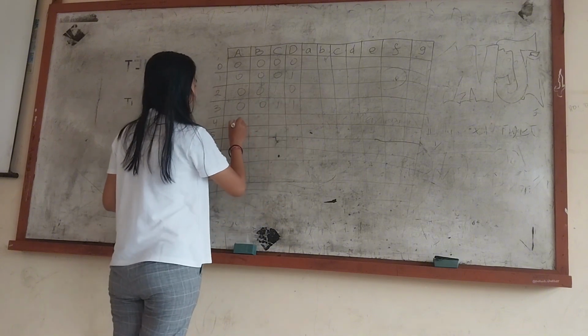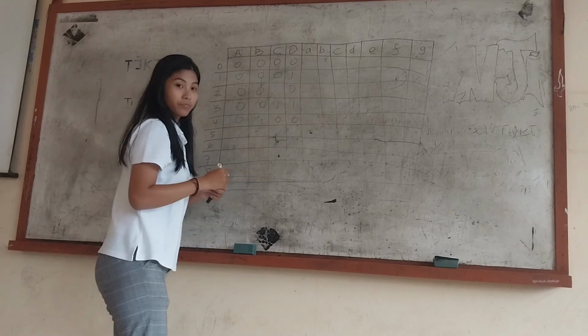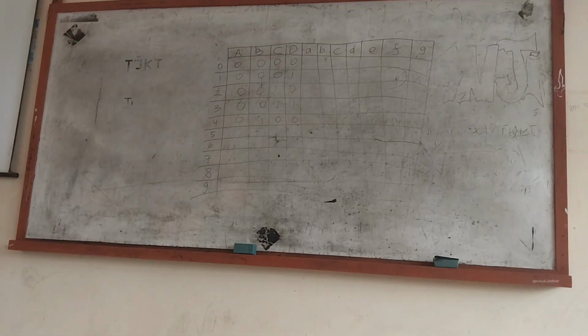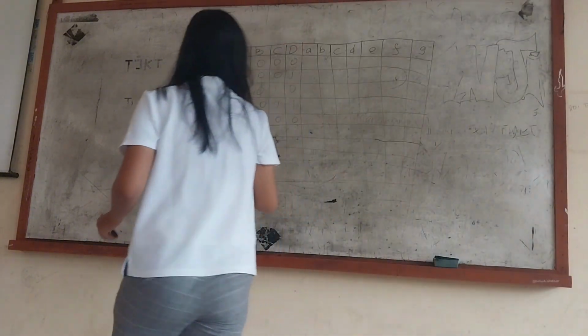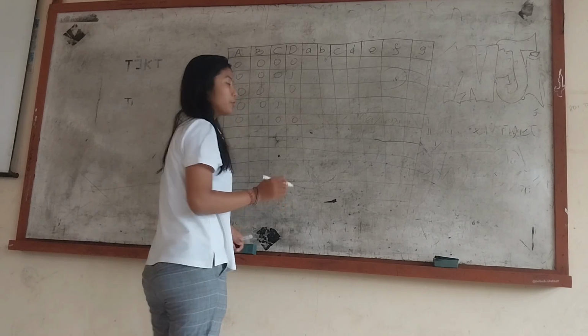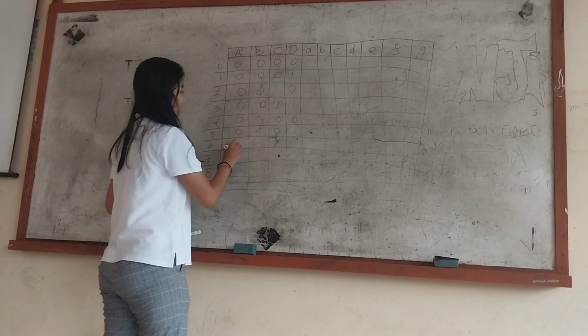Binary code of 4 is 0, 1, 0, 0. The code of 5 is 0, 1, 0, 1.